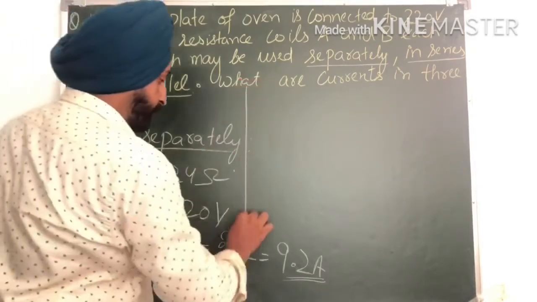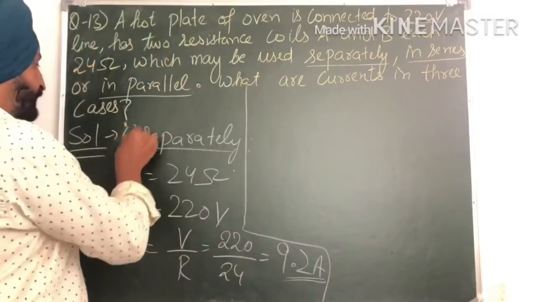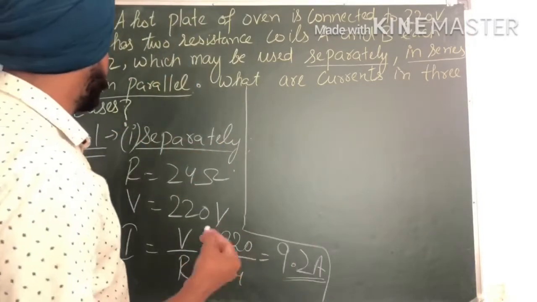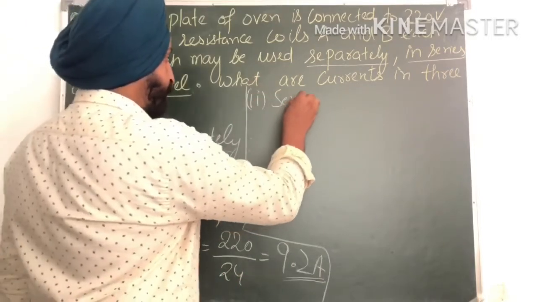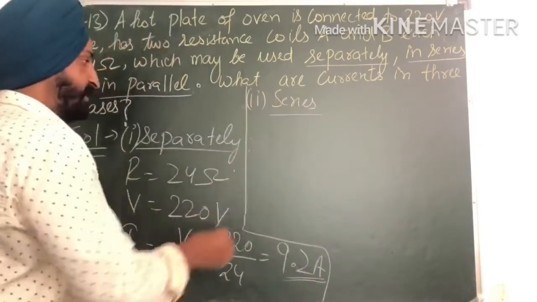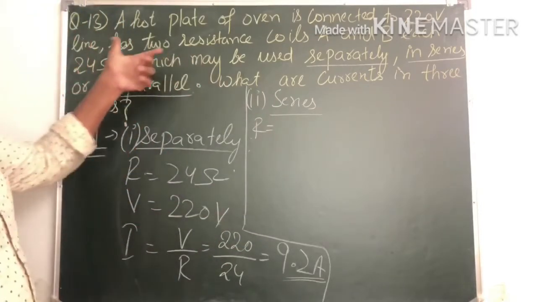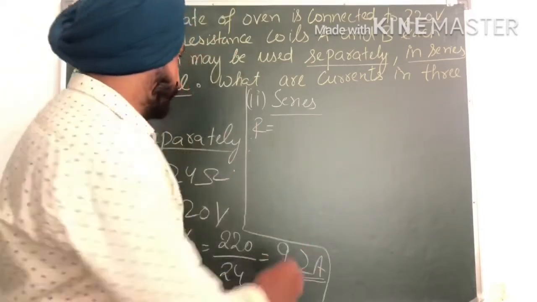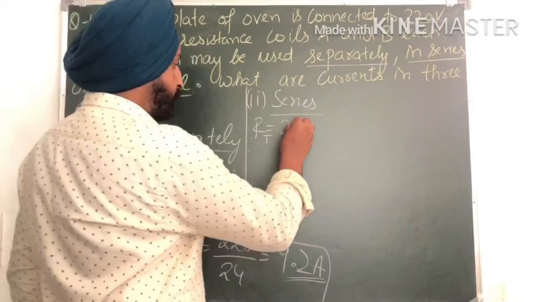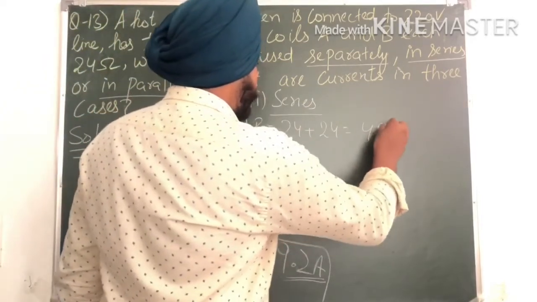Second is when they are used in series. In series, what would be the total resistance? We know that in series resistances get added up. So the net resistance would be 24 plus 24, that is equal to 48 ohm.